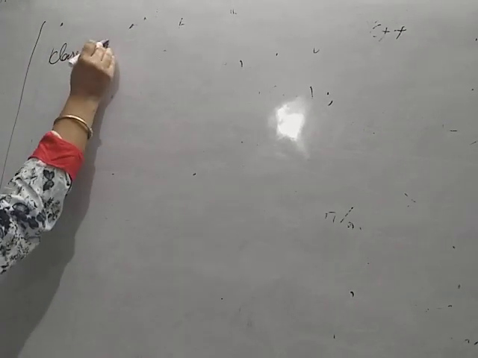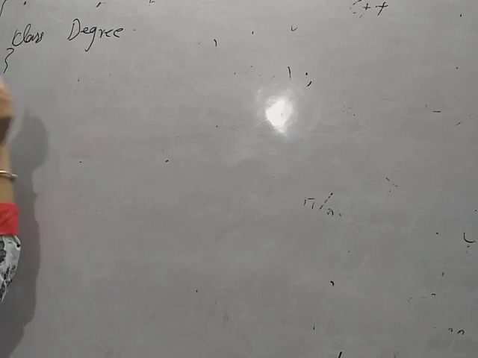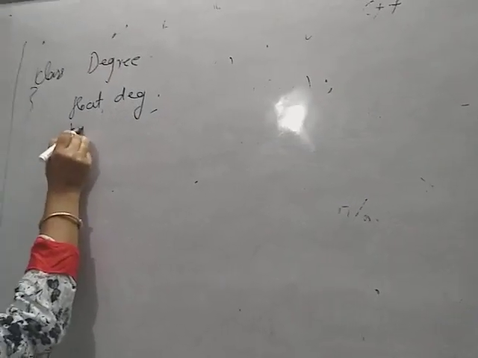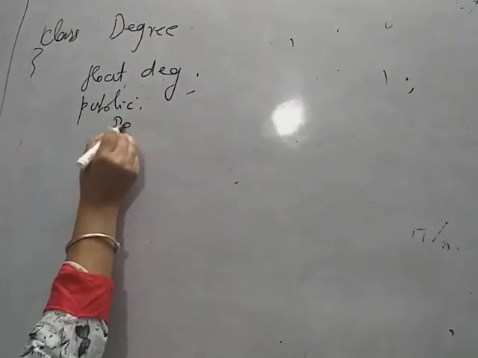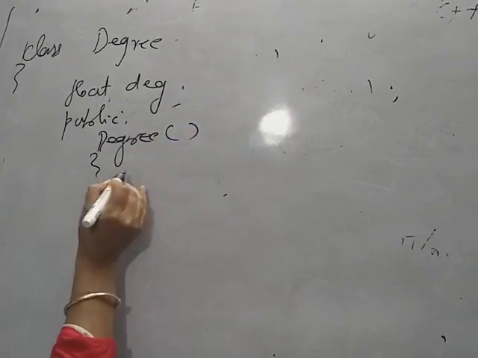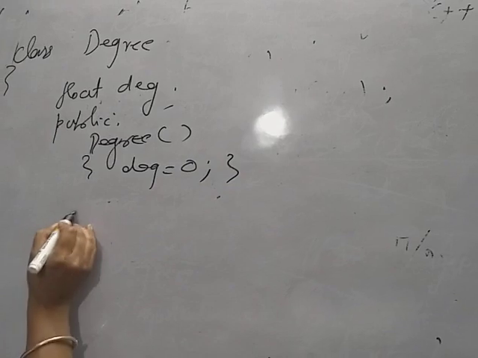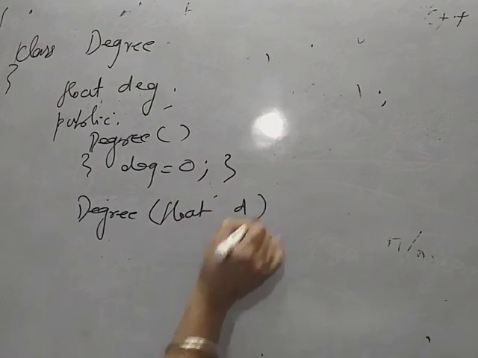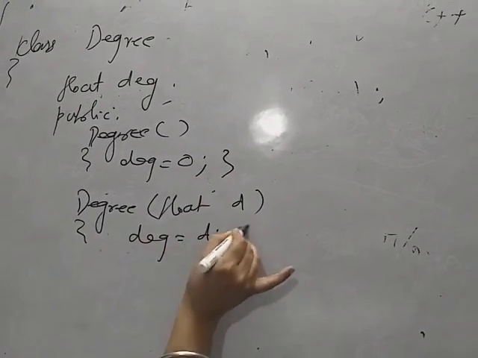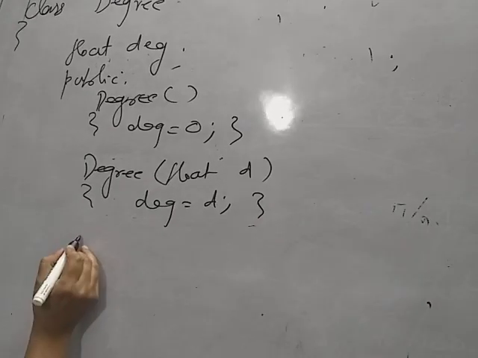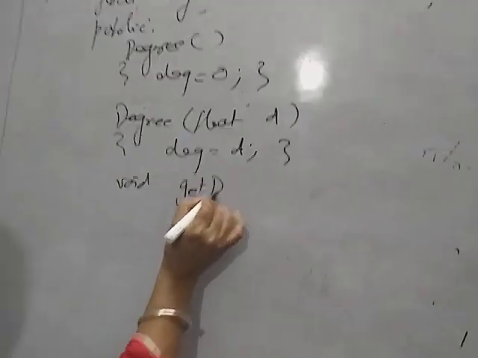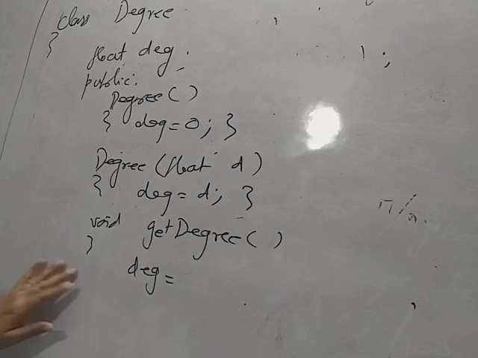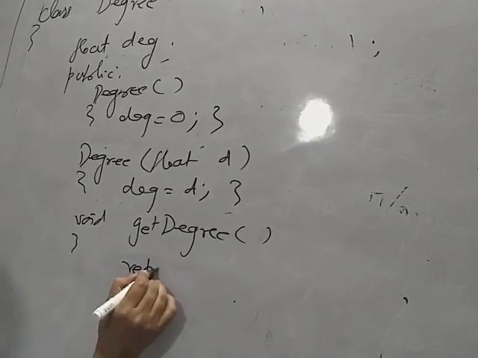Class degree, here float degree, and then public: degree, no argument constructor, degree equal to 0, and degree with float d, degree equal to d, and then void get degree, which returns degree.